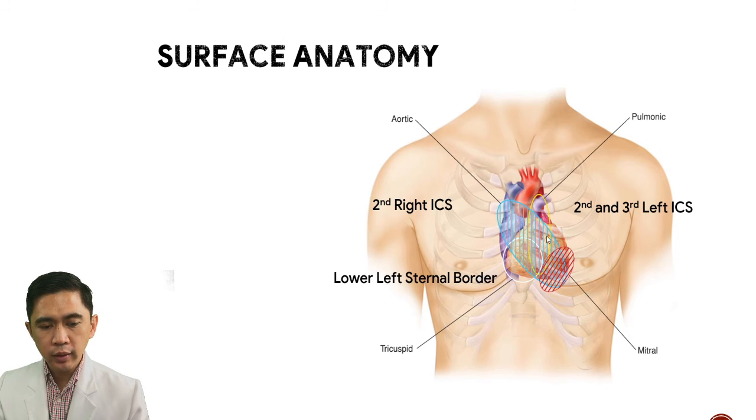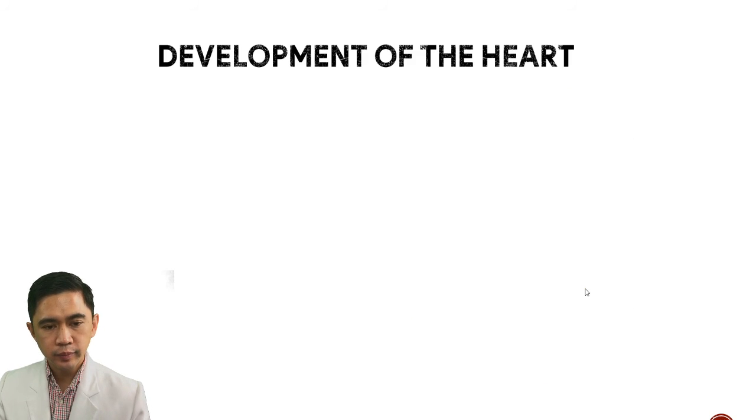The tricuspid is more appreciated if we put our stethoscope in the left lower sternal border, and the mitral valve is more appreciated in the apex, which, as seen in the previous slide, is found in the fifth intercostal space, mid-clavicular line.